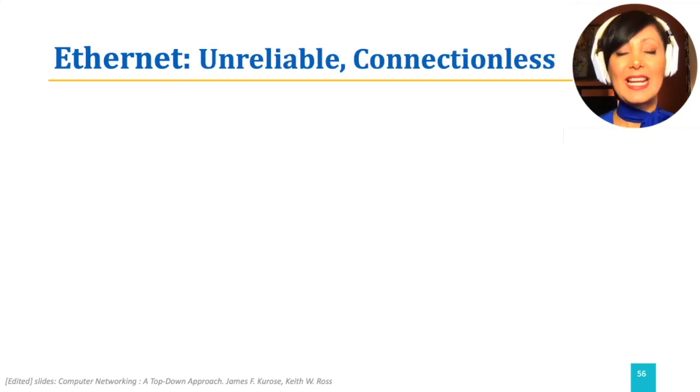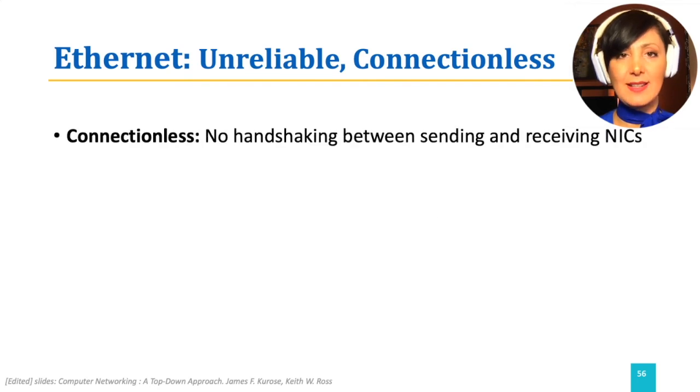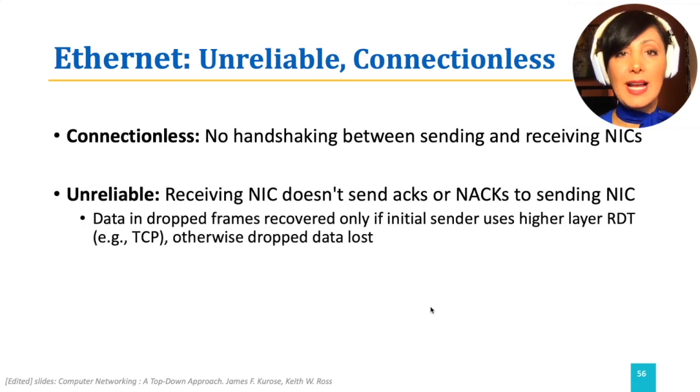Ethernet provides a layer 2 connectionless service. This means there is no handshaking or connection establishment between the sending and receiving NICs before sending the Ethernet frame. The Ethernet service is also unreliable. The receiving NIC does not send ACKs or NACKs to the sending NIC. If the CRC check of the frame fails, it simply discards the frame.